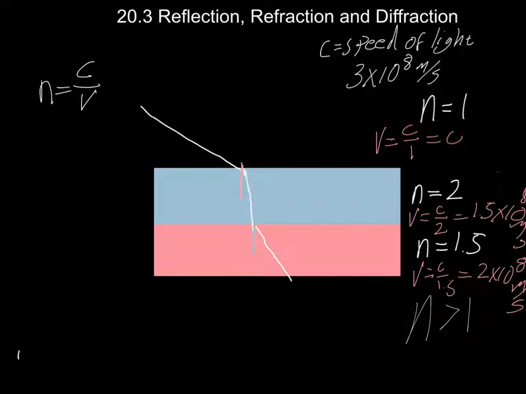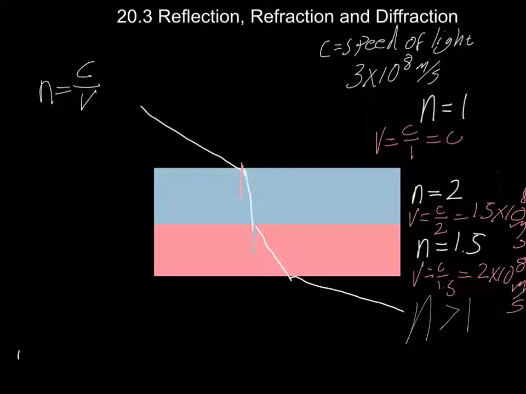And then, as we go from 1.5 back to 1, we're going to re-hit this same angle, because we're going back to the same medium and through the same index of refraction. So here, we're going to have this same angle.